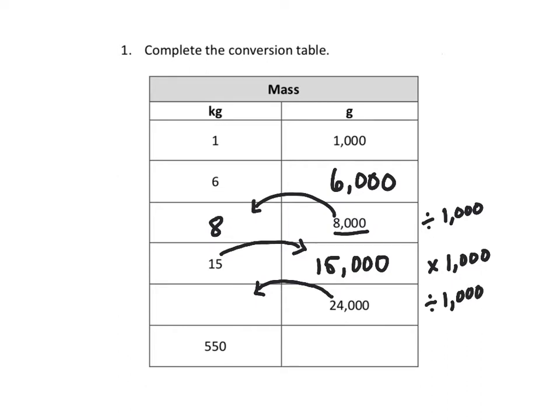And when we divide 1,000 into 24,000, we're going to get 24. And then 550 kilograms is equal to how many grams? Well, we're going to multiply by 1,000, and we're going to get 550,000 grams.